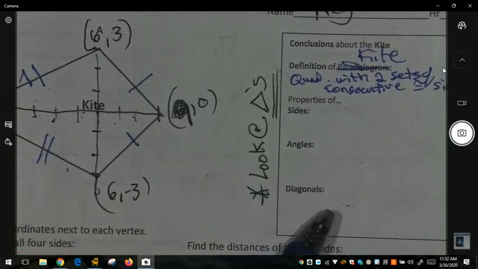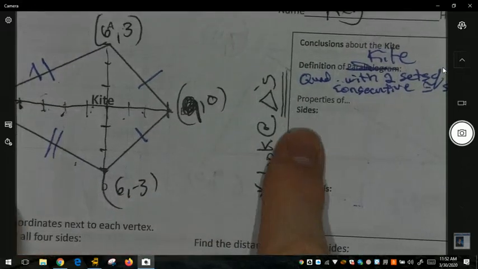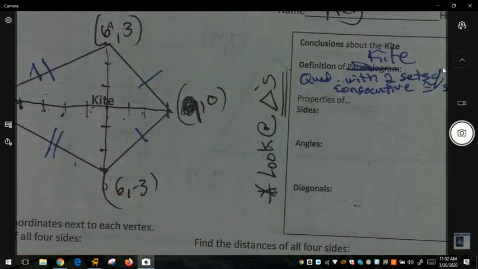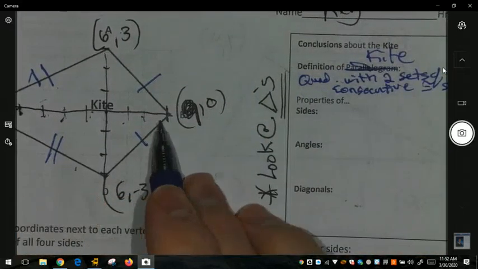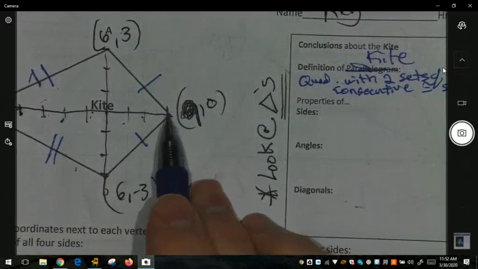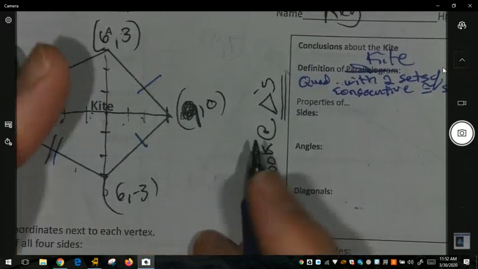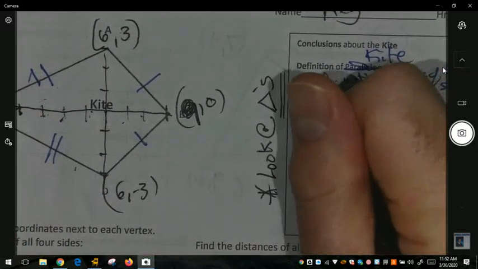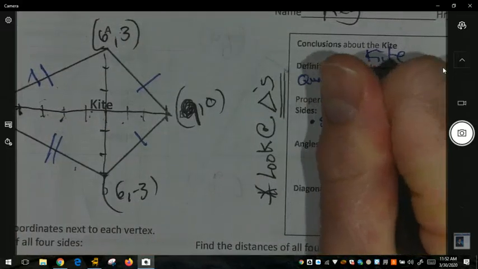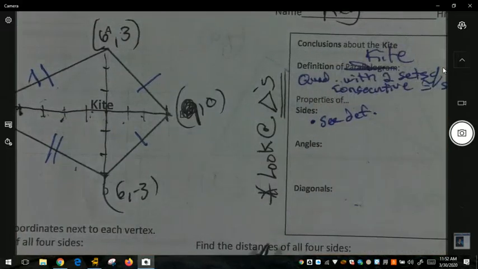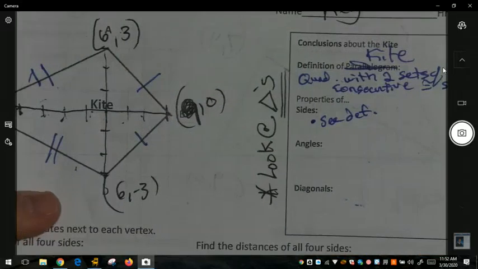That is a kite. Yes, the sides, we need to see definition. They are not parallel. I know this one did make a 90-degree angle for this kite, but that doesn't always have to happen, so I'm not going to put that in. I'm just going to put definition. There's nothing more to the sides. We don't have parallel. They're not always perpendicular depending on the kite.